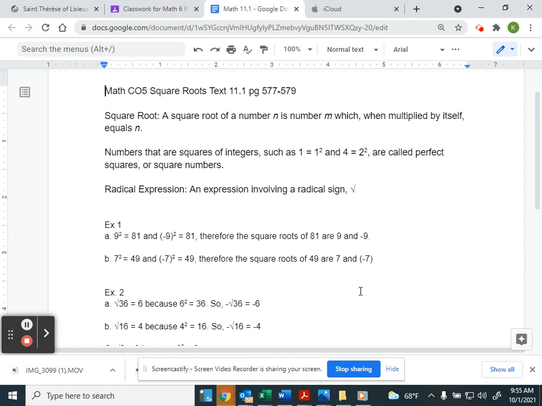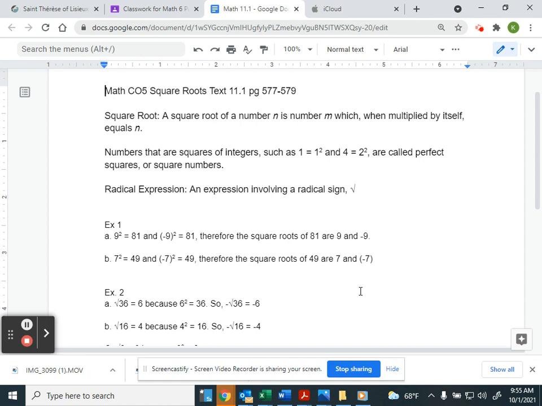We're going to do the square roots of the perfect squares. So the answer will be whole numbers. Okay, so we're going to be working with just those whole number perfect squares. So it'll be that whole number times itself would equal what we're trying to find the square root of.